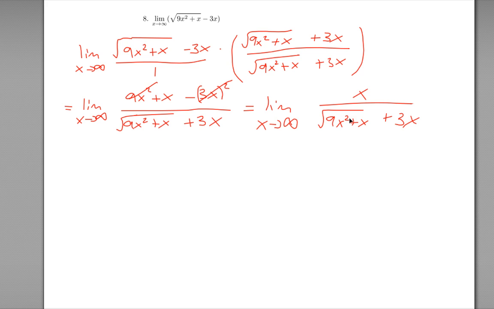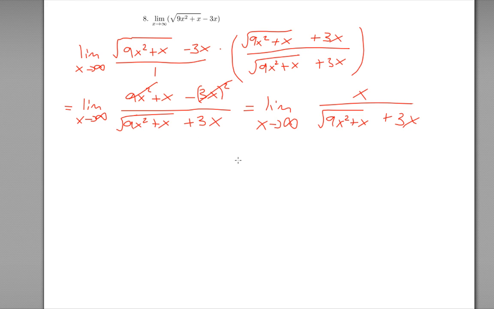So we might be inclined to think that the largest power of x is 2, because there it is, x squared. But we have to remember that that's inside of a square root. So actually this behaves more like the square root of this stuff, and the square root of this stuff acts more like x rather than x squared. So the actual largest power of x in this example is x to the power of 1.